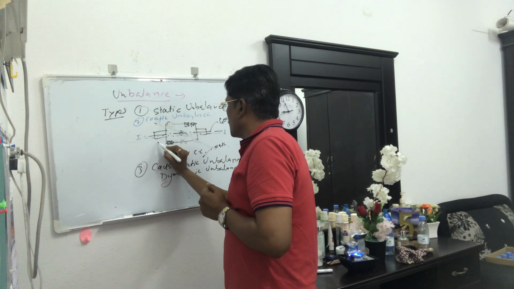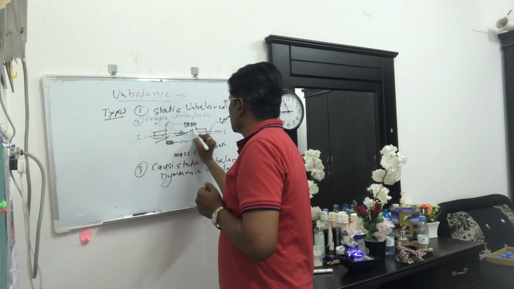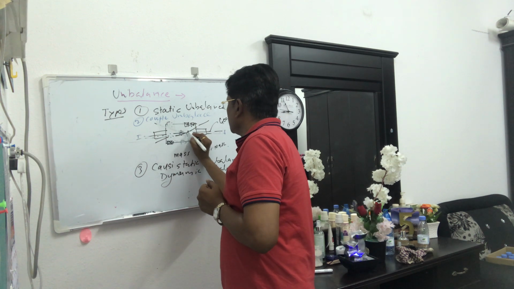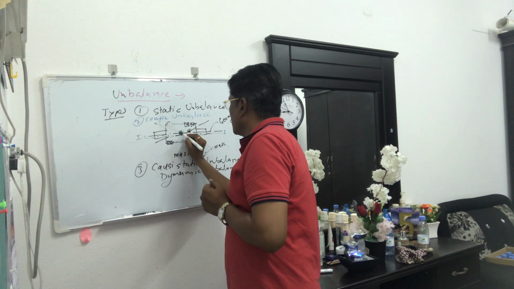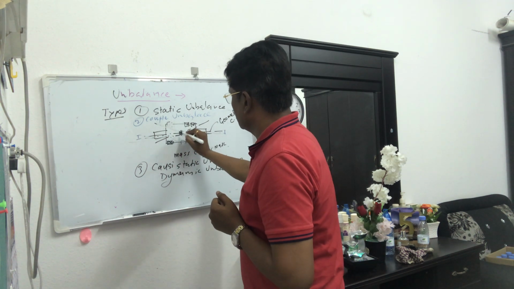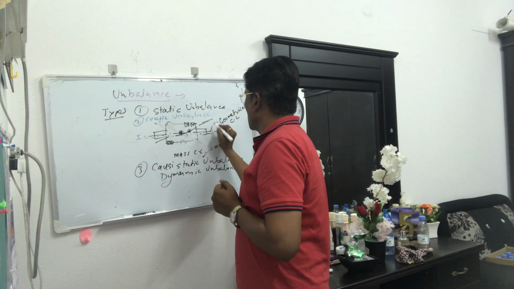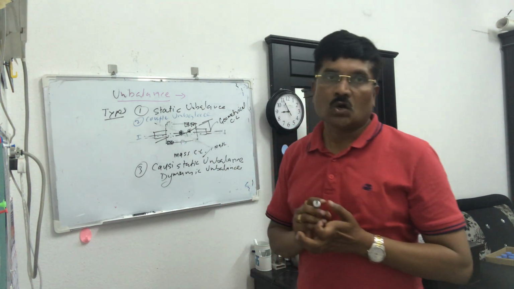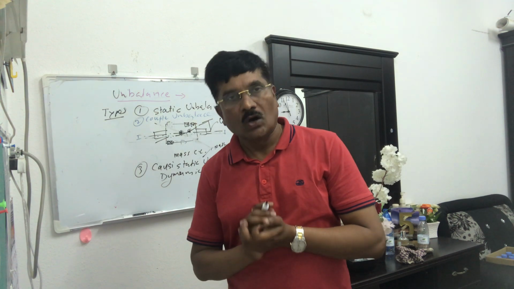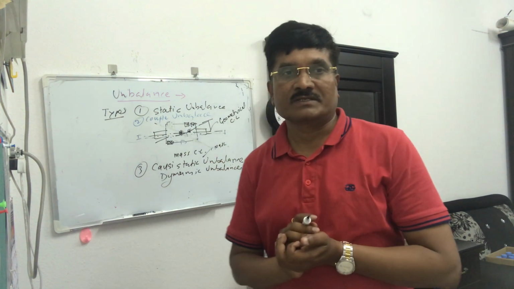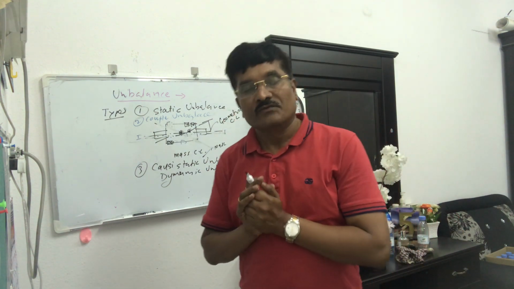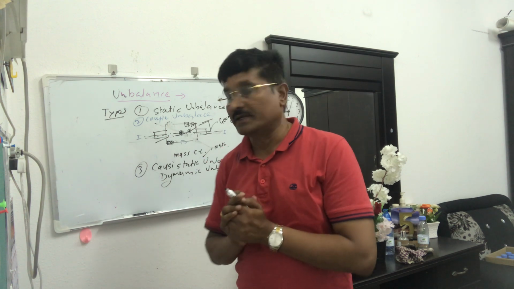Then the center line will go like this. Then CG will become somewhere here. The actual center line is here. This is called quasi-static unbalance or dynamic unbalance, and this is the case we always find in our refinery.